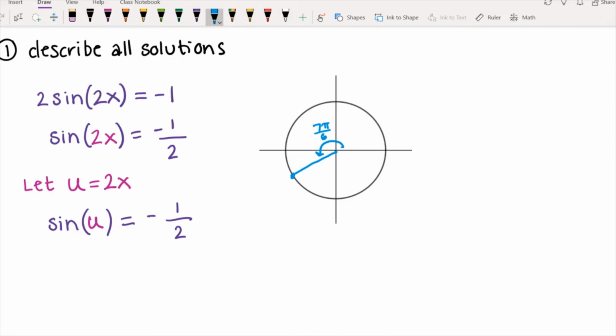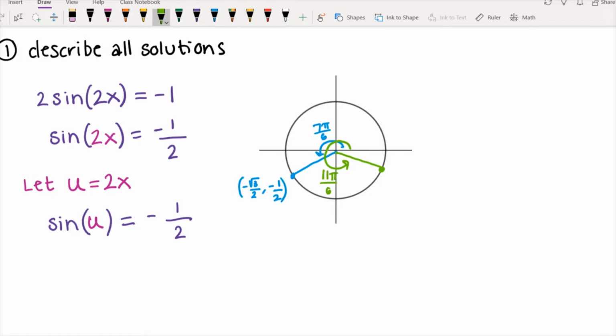So this would be the angle where the x-coordinate is -√3/2 and the y-coordinate is -1/2. And then another possible angle would be, for some reason I can't draw these well today, something over here. Those should be level with each other, but that's okay. So this would be the angle 11 pi over 6.